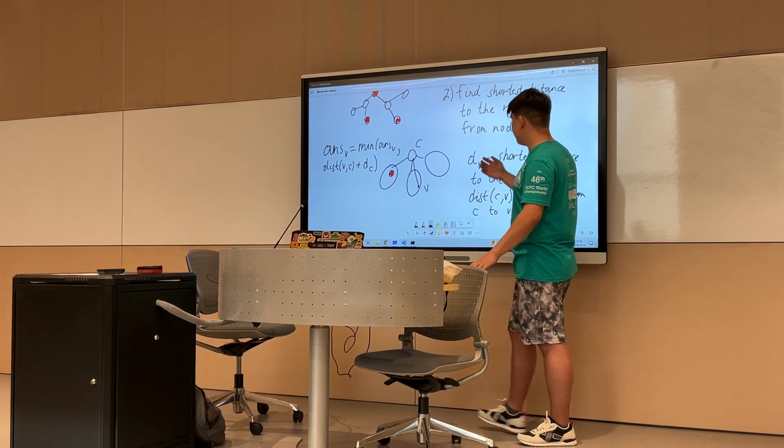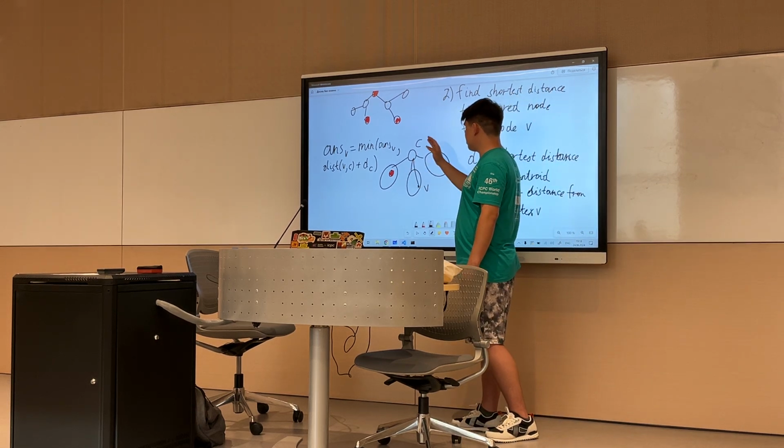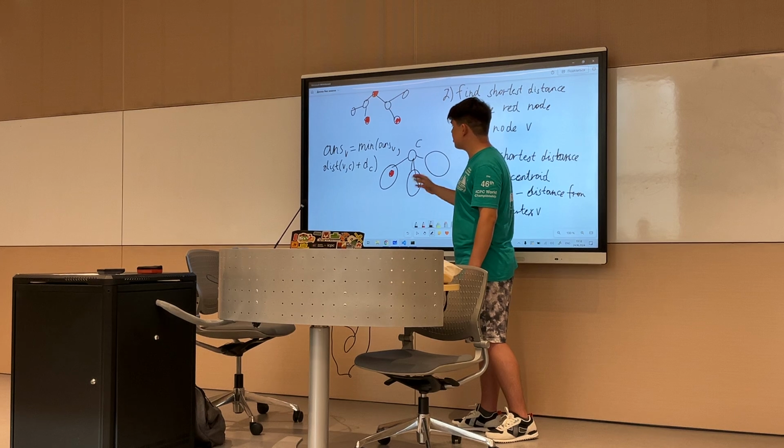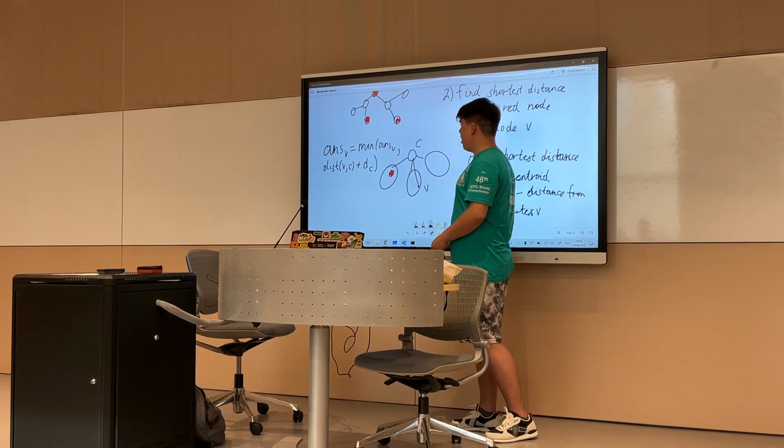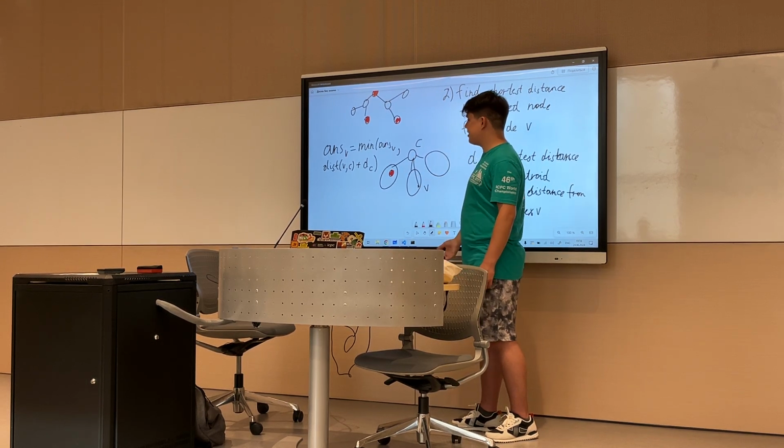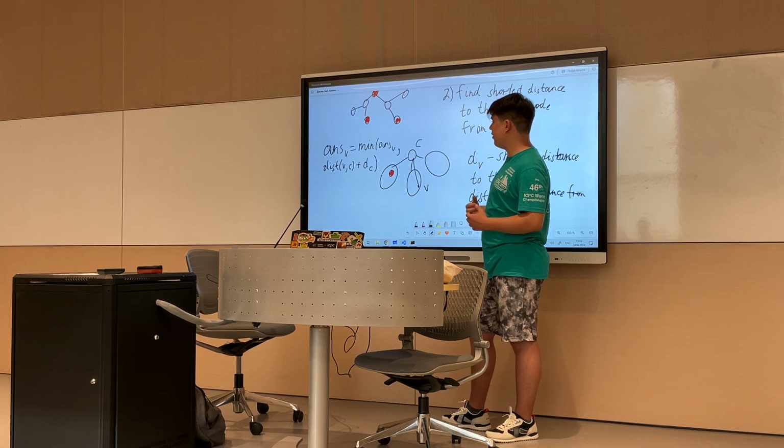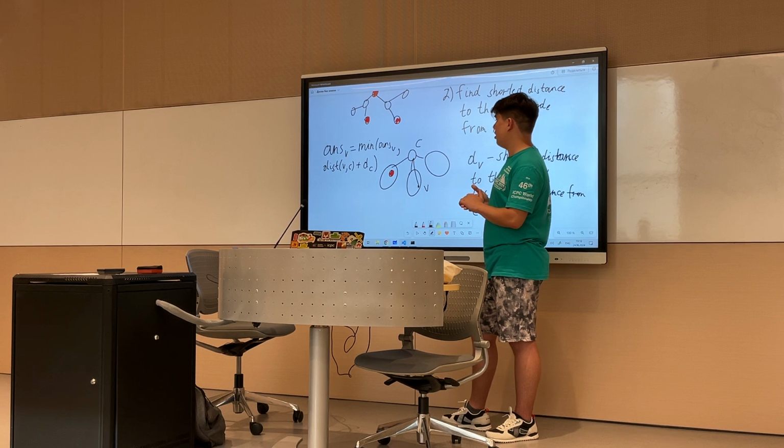We calculate the nearest red vertex to the centroid, and for every vertex we do this. At the end, for every vertex we calculate the nearest red vertex.